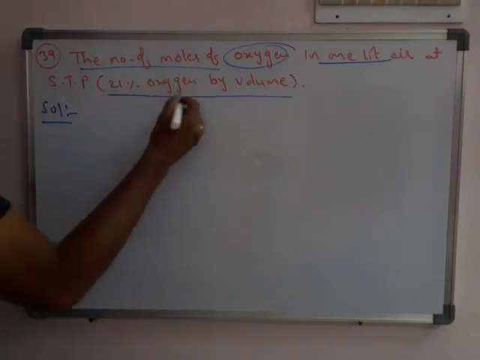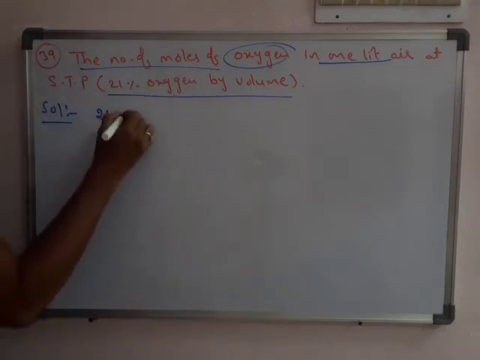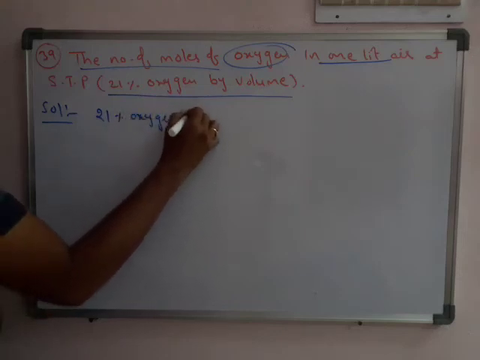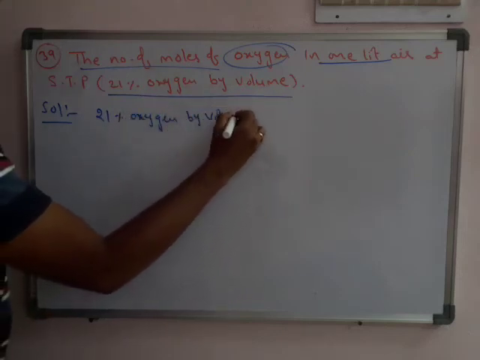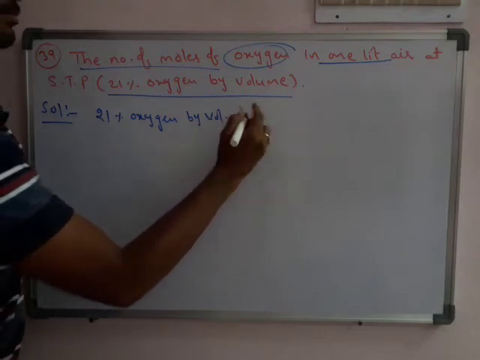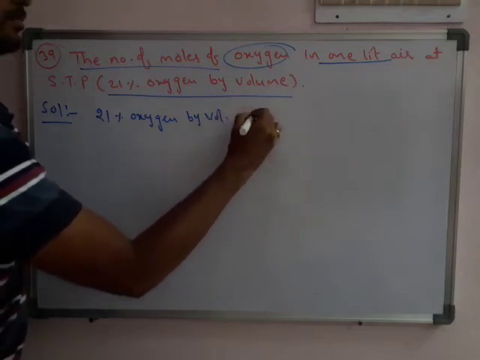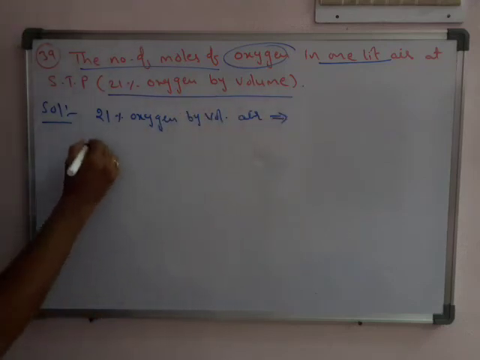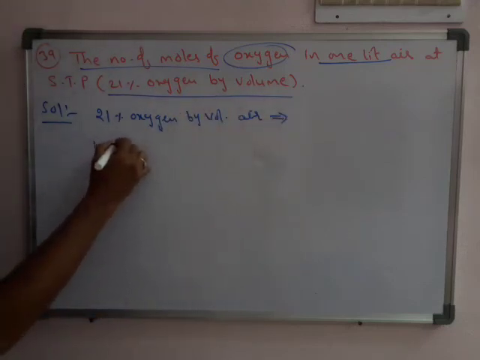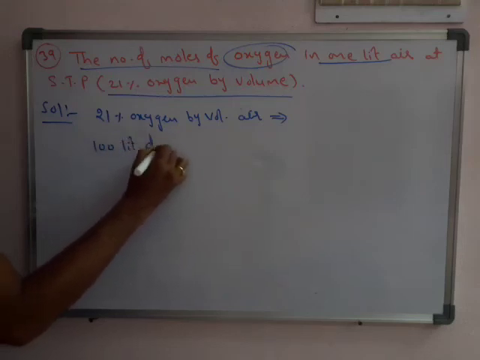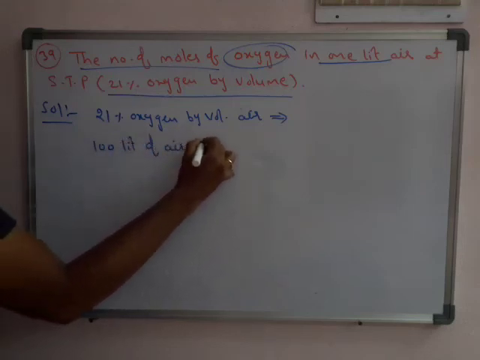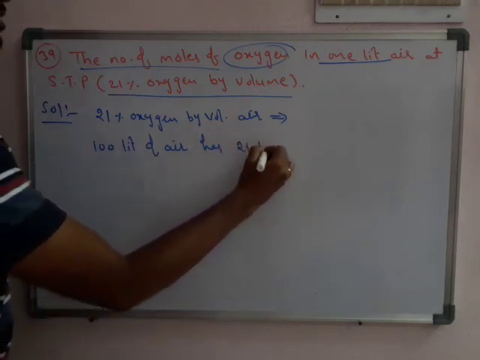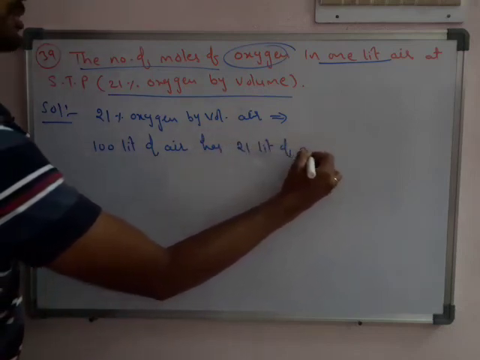So always remember 21% oxygen by volume of air. How can we write a step from this information? If you take 100 liters of air, it contains just 21 liters of oxygen.